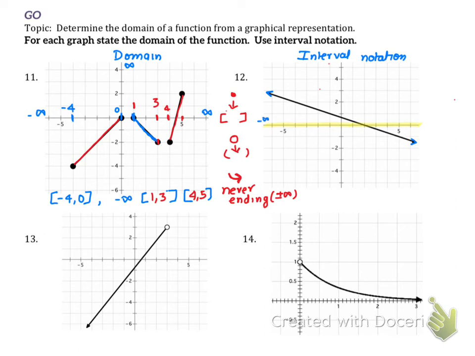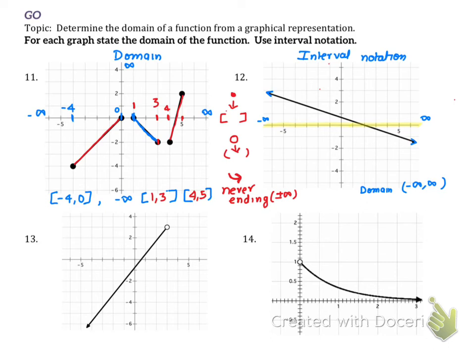So on this side it's negative infinity, this side is plus infinity. Because we don't have any fixed point, it's going to be open, negative infinity to infinity. That's the answer for this.